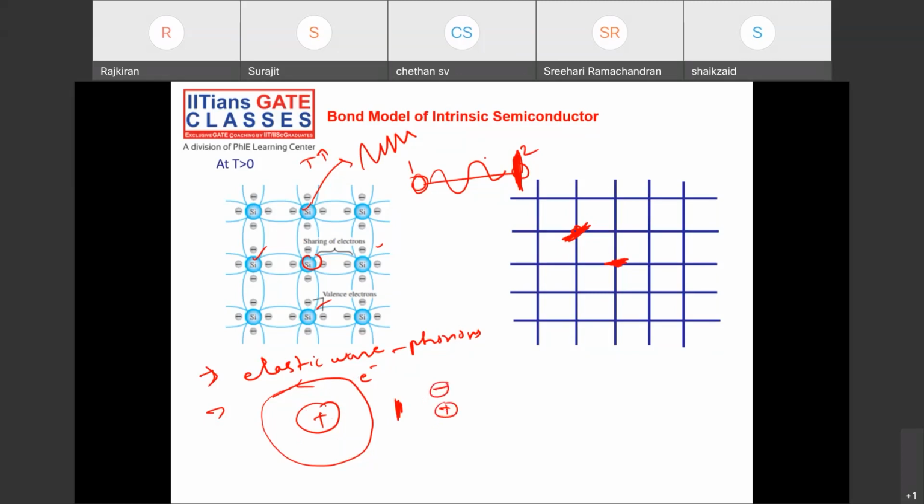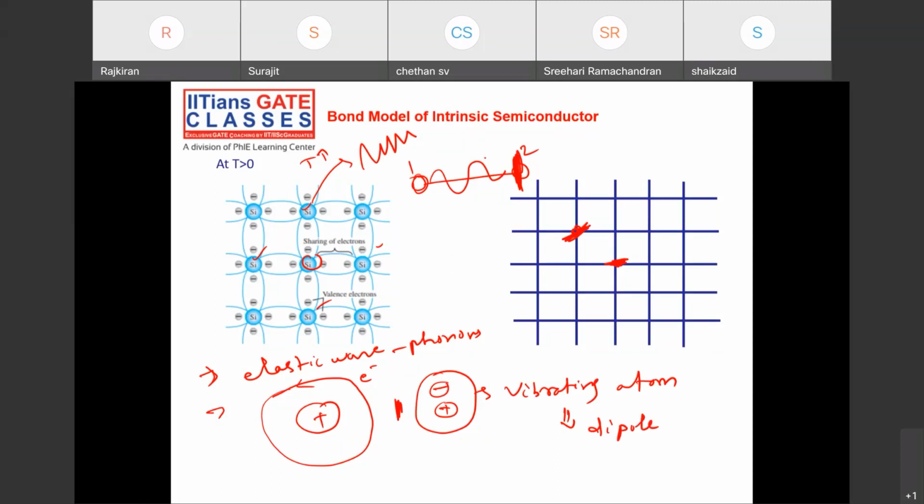There will be a separation between the negative and positive charge, so it will behave like a dipole. So a vibrating atom behaves like a dipole. Is it clear to all of you?